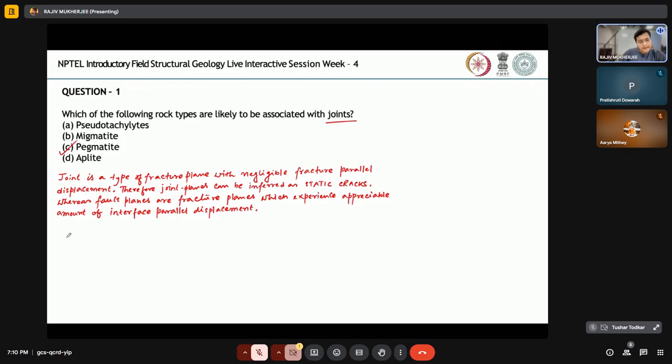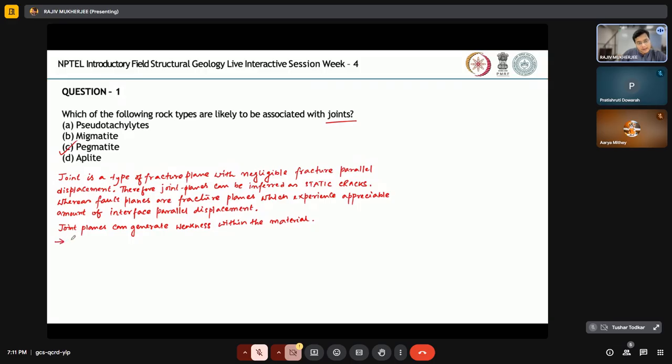So obviously joint planes, although not a fault plane, certainly can generate weakness within the material.